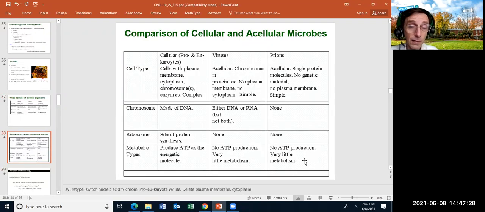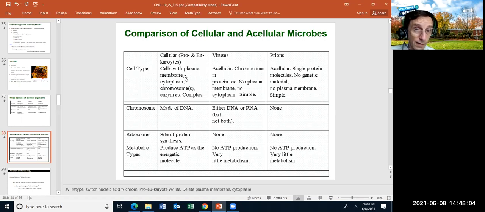Let's compare cellular microbes and acellular microbes. So with the cellular microbes, we're now lumping both the prokaryotes and the eukaryotes, meaning all three of the domains here, and comparing them to viruses and prions. The cell type of the cellular organisms is, of course, prokaryotes and eukaryotes.